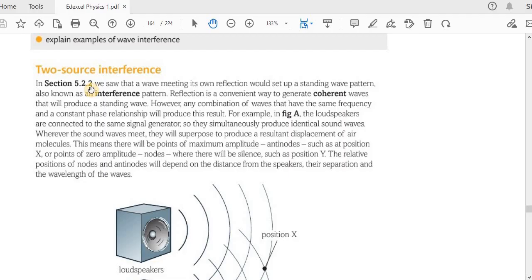All of these are very important. Reflection is a convenient way to generate coherent waves that will produce a standing wave. However, any combination of waves that have the same frequency and a constant phase relationship will produce this result.